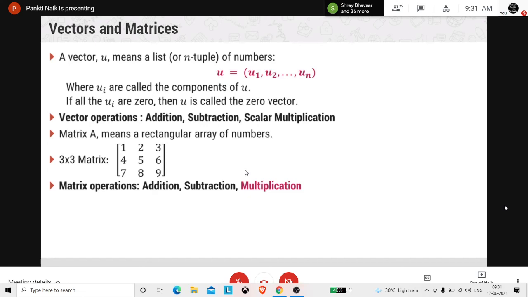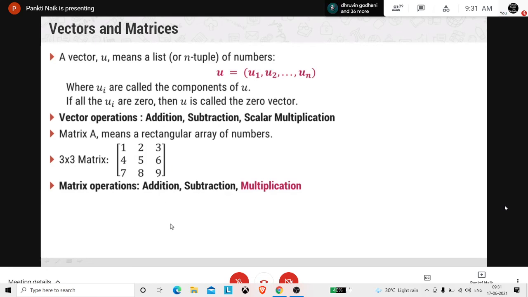Which types of operations can you perform on a vector? Addition, subtraction, and scalar multiplication. Then next is matrices, or matrix. A matrix A means a rectangular array of numbers. So a 3 cross 3 matrix will be represented like this, in square brackets, in row and column manner.